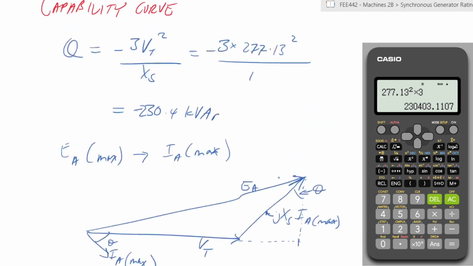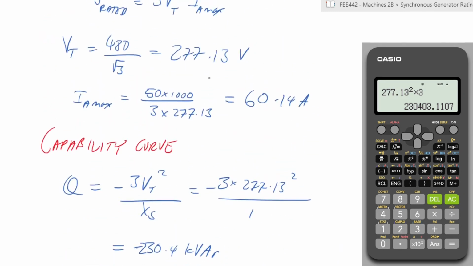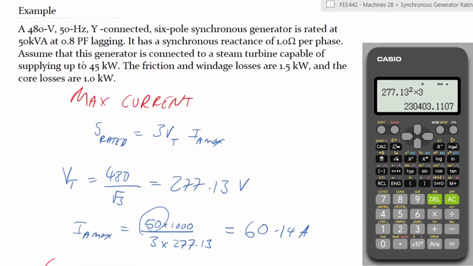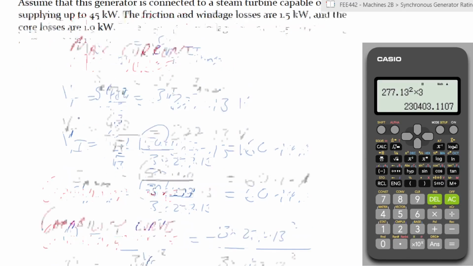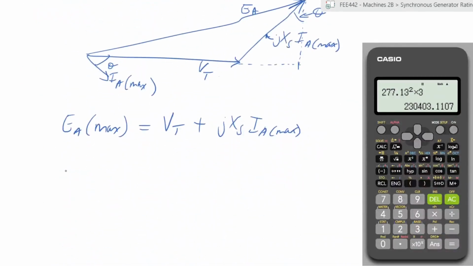Remember, IA at maximum is 60.14 amps, and it is taking place when your rated current is available. So that means that if you go back, the rated current is available at 0.8 PF. So the cos theta in this case is our PF, which is 0.8.